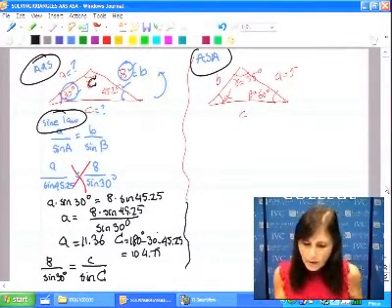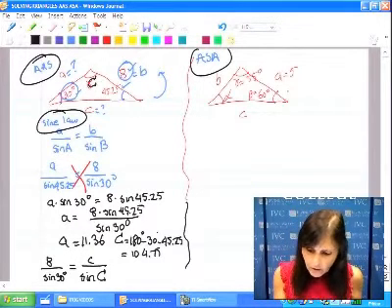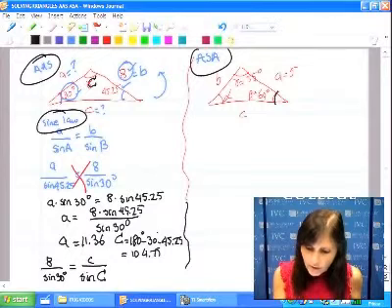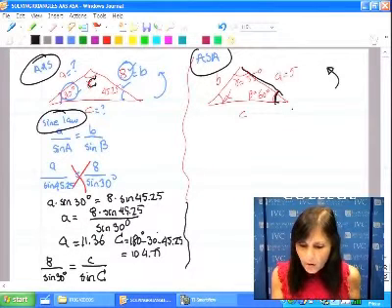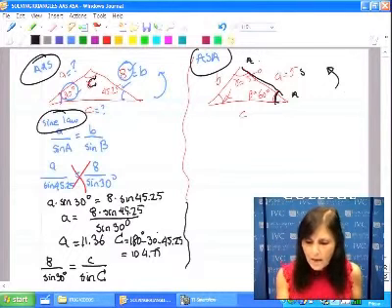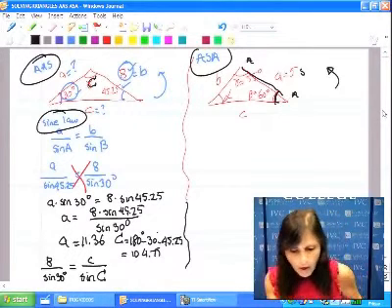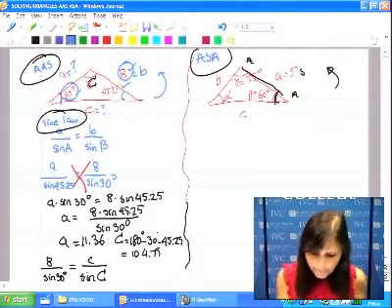So ASA, what does that mean? I know an angle, and just always go counterclockwise not to get confused. I know the angle, I know the side, and I know the angle again, ASA. So we are going to use the sine law again.